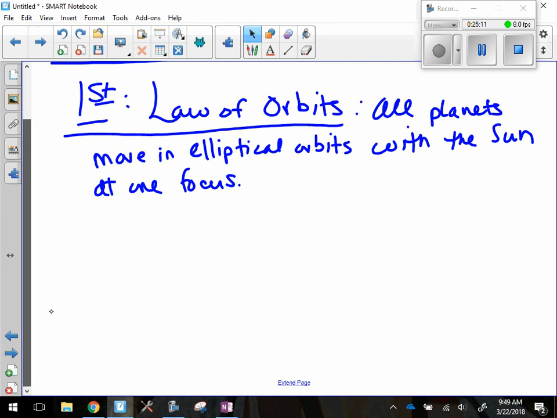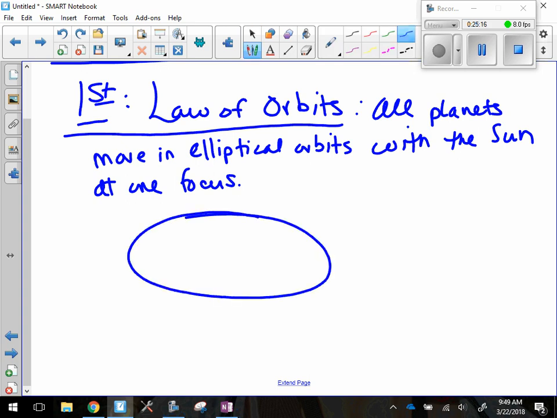Okay, so usually when I do this, here's my ellipse. Remember that an ellipse has two important axes. It's got an axis this way and an axis this way. In astronomy, we're going to be concerned about the long one, which is called what?